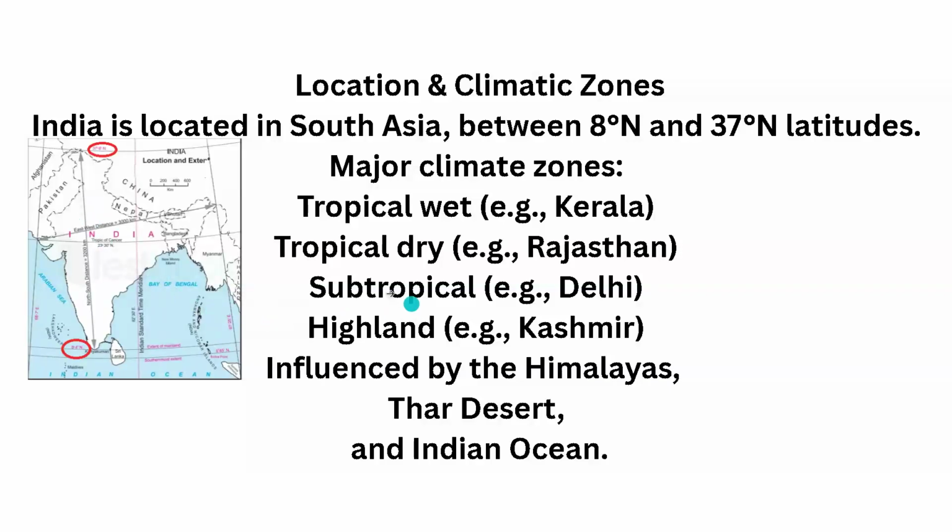Then highland: Kashmir is located in the highland, so you will find it very cool, and even ice and snowfall. It is influenced by the Himalayas, and down below, the Indian climate is influenced by the Indian Ocean. In the coming slides, I will explain how the monsoons affect India's climate.